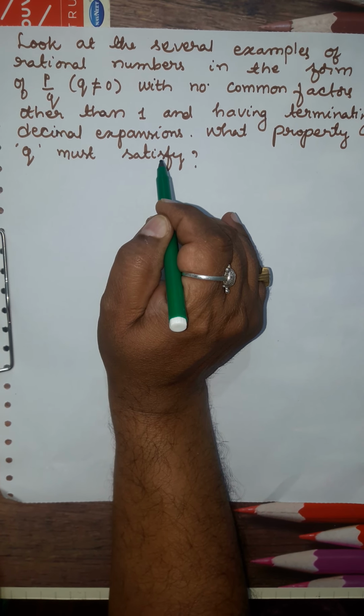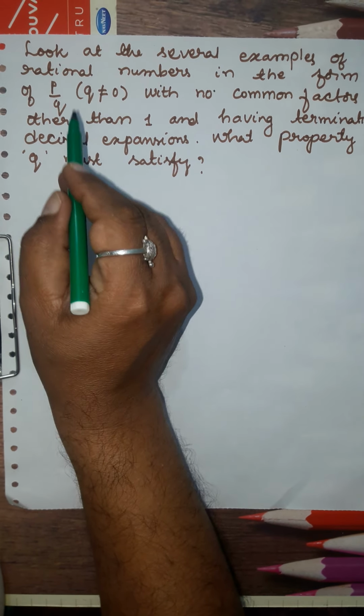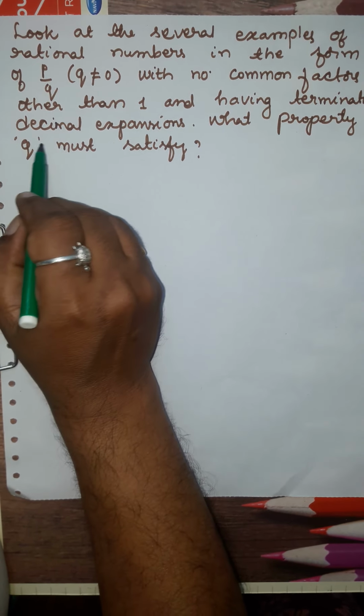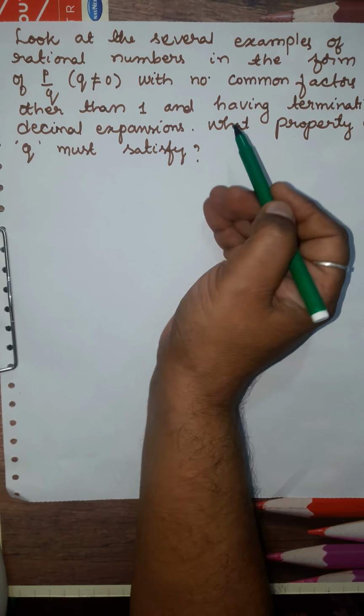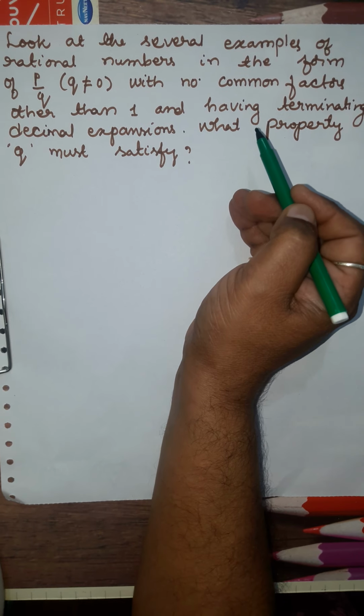Remember, rational numbers have decimal expansions which are either terminating or recurring and non-terminating.